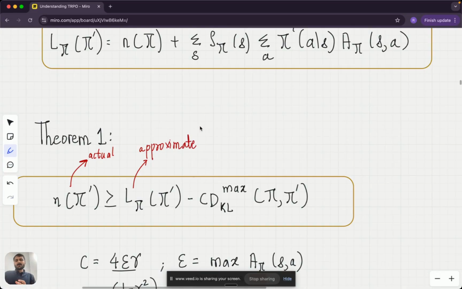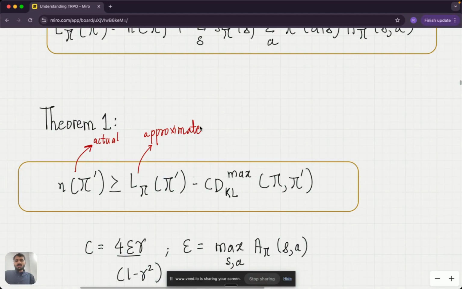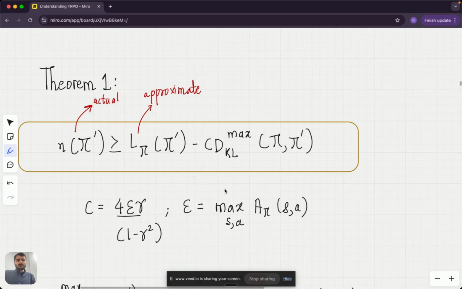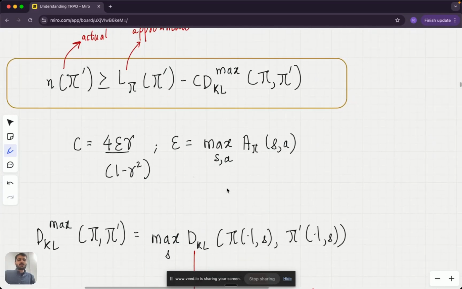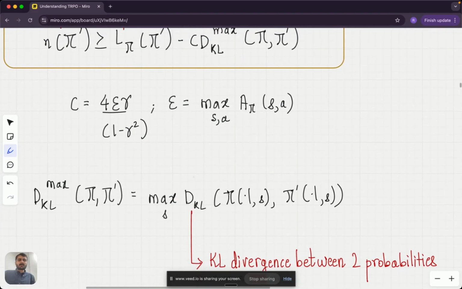So, the actual performance measure of the new policy is greater than or equal to the approximate performance measure minus a coefficient times the KL divergence of both the probabilities.